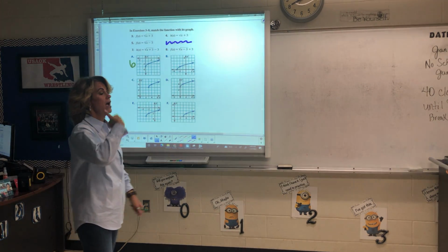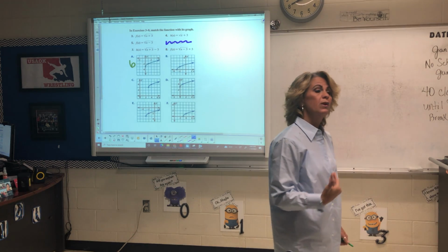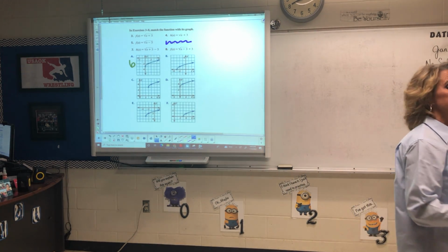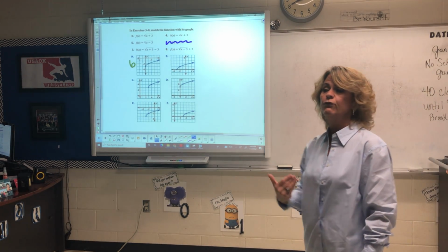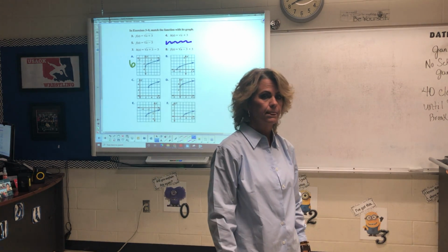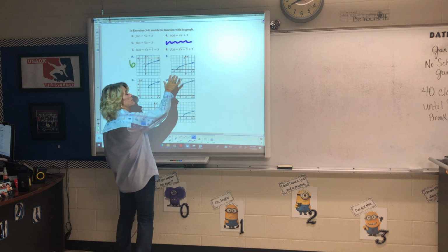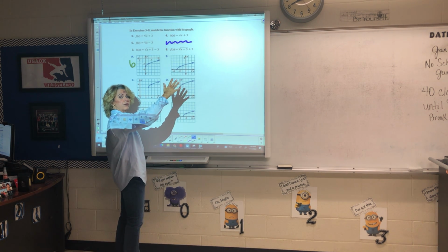I'm going to ask you, do I have a horizontal shift? Do I have a vertical shift? So I'm looking for something with a horizontal shift only. If I'm looking for a horizontal shift, is that grouped with X or is that tacked on the back? Okay, so I want something grouped with X. What's my horizontal shift?